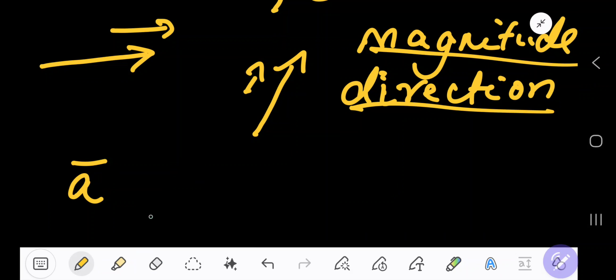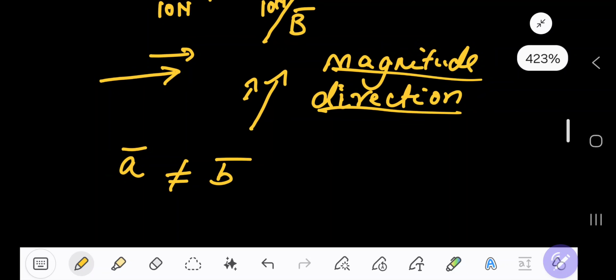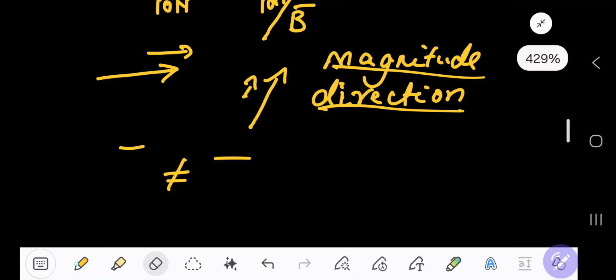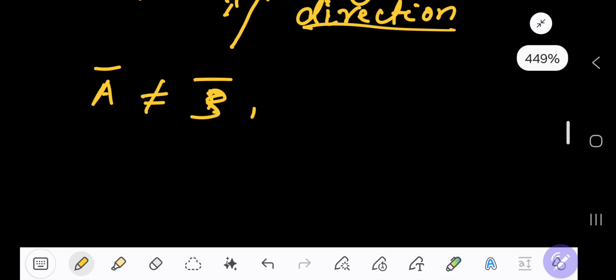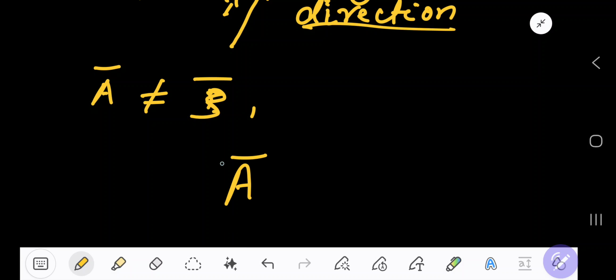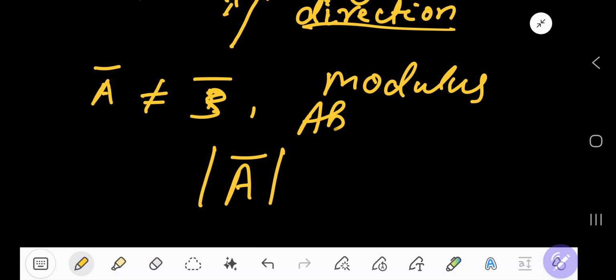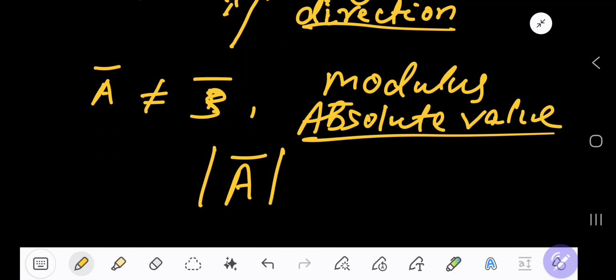So A bar is not equal to B bar, but since their magnitudes are equal, we can represent the equal magnitudes in this way. We have A bar here, and this represents the magnitude of A bar. We can call this modulus, or absolute value. These symbols are for that.